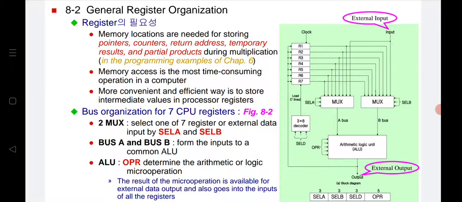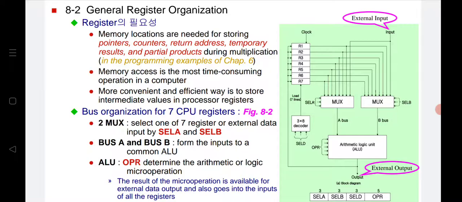If you see here, my mux is an 8 by 1 mux. That means I have 8 inputs and 1 output. These 8 inputs are your 7 registers R1 to R7, and the external input data that I can give is the 8th input.